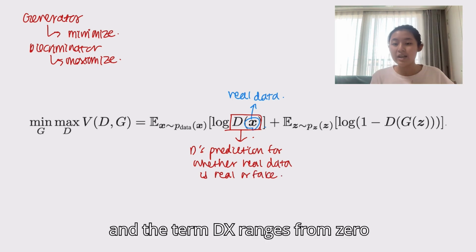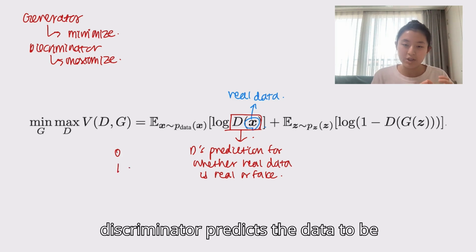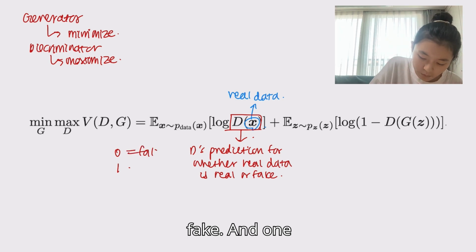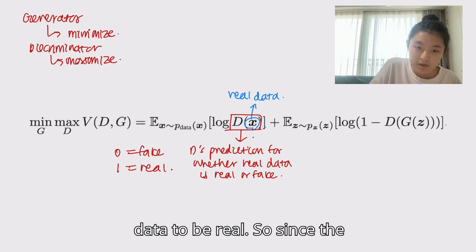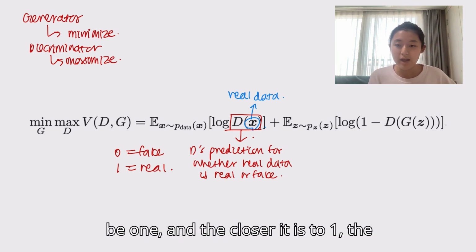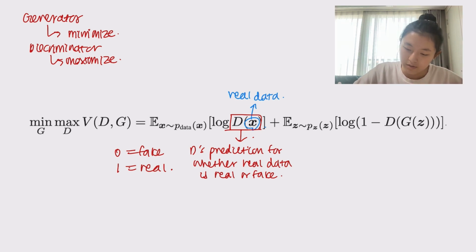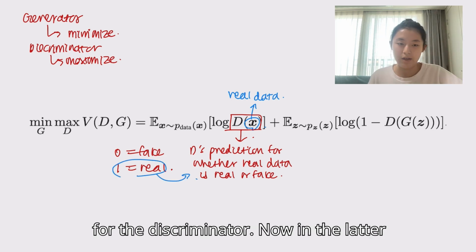And the term D(x) ranges from 0 to 1, where 0 means that the discriminator predicts the data to be fake, and 1 means the discriminator predicts the real data to be real. So since the input data is real, the D(x) term should be 1, and the closer it is to 1, the better the discriminator is. So this is the desired scenario for the discriminator.